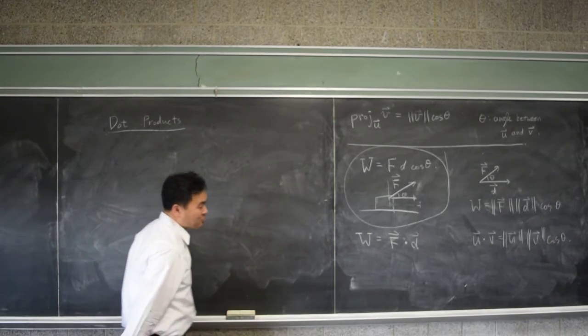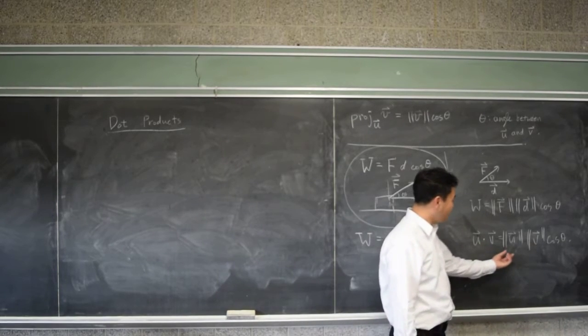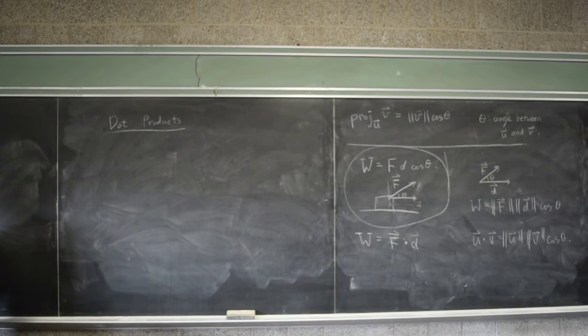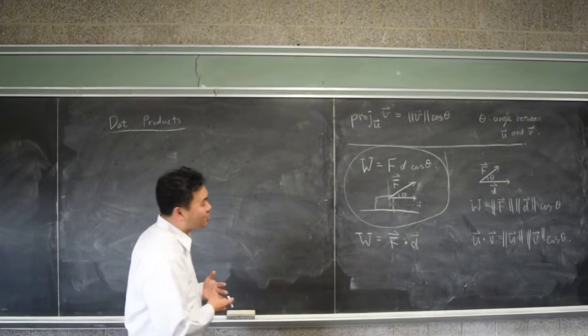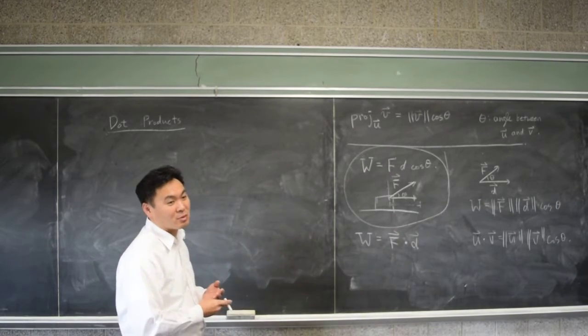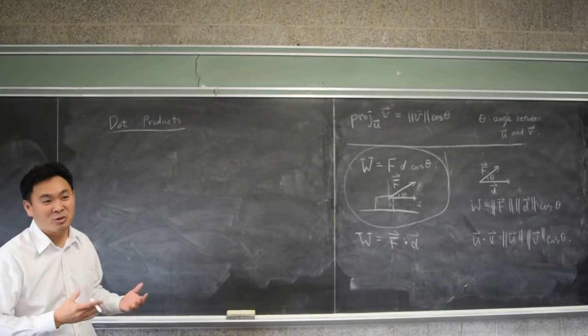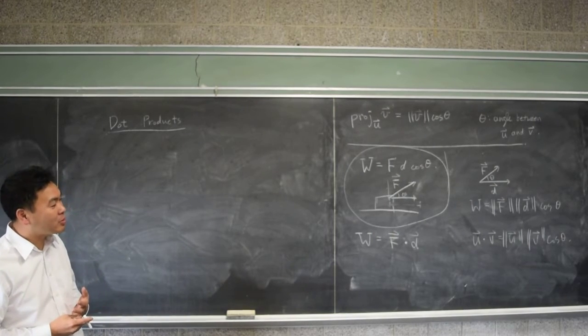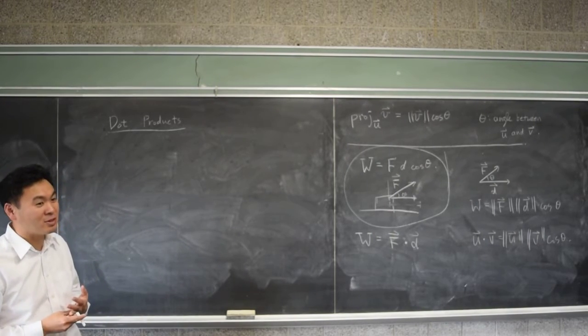And it's nice because this dot product satisfies some good mathematical properties. See, we mathematicians want nice properties because if something doesn't have good properties, then we can't use it for calculating things. If it has nice properties, then it makes life easier.